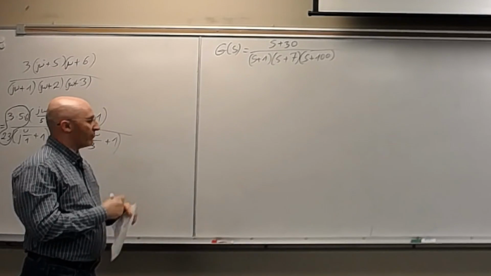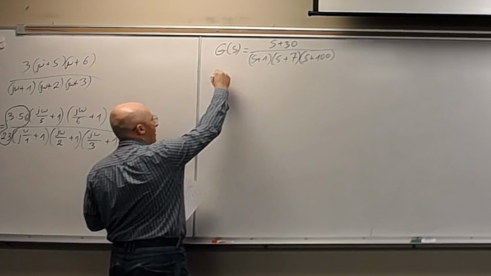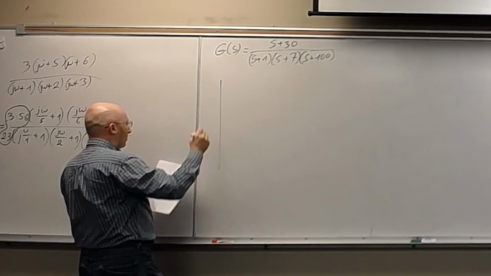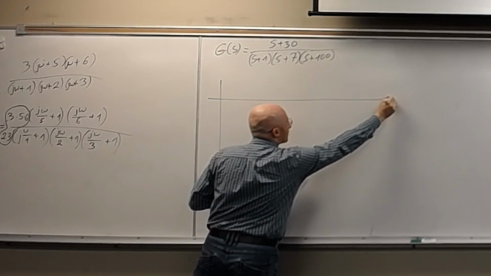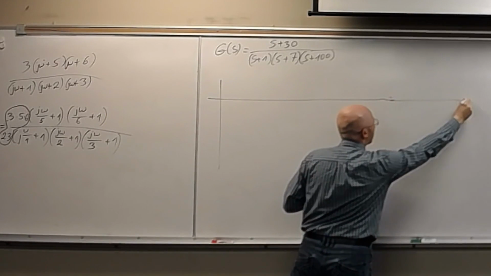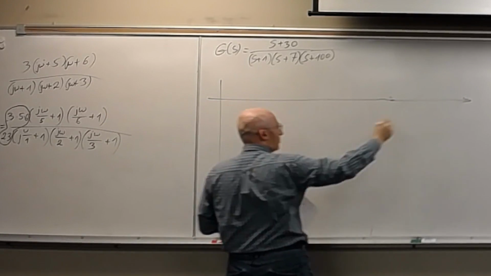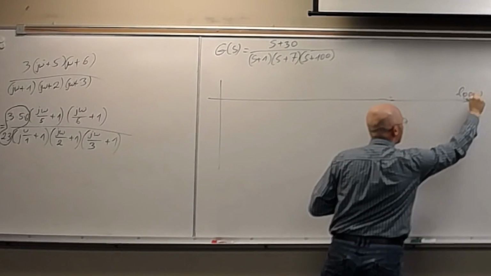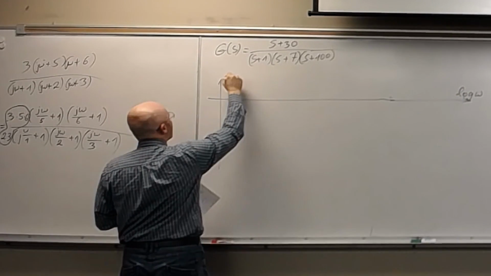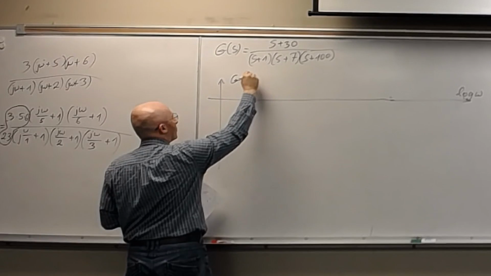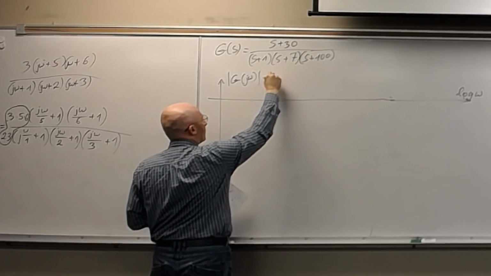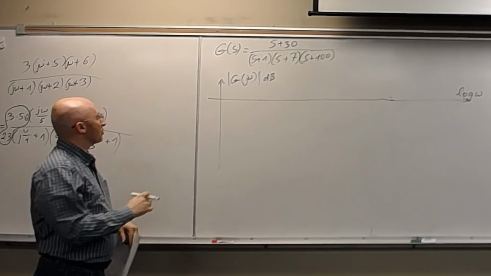Let's plot first of all the gain. And the gain will be like that, so we need more space. So this will be log omega. This will be |G(jω)| in dB, which is log scale. So this is 0 dB.